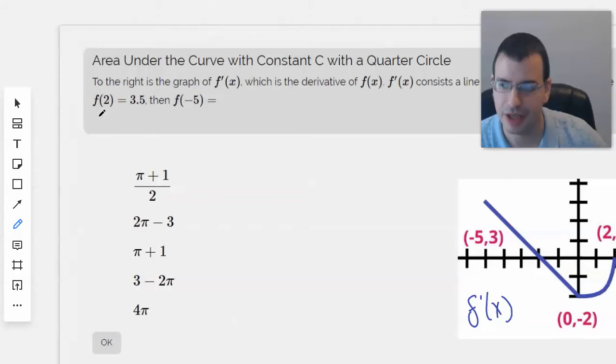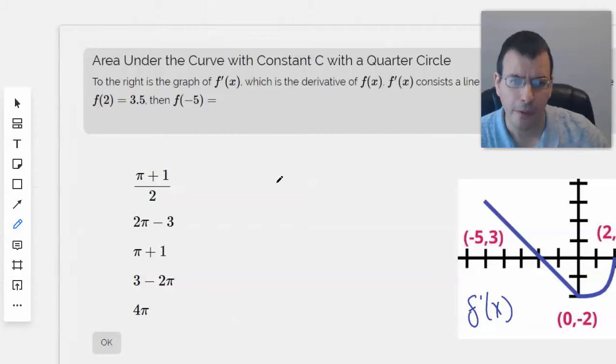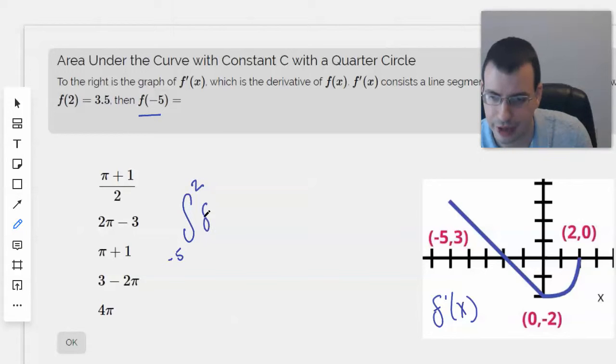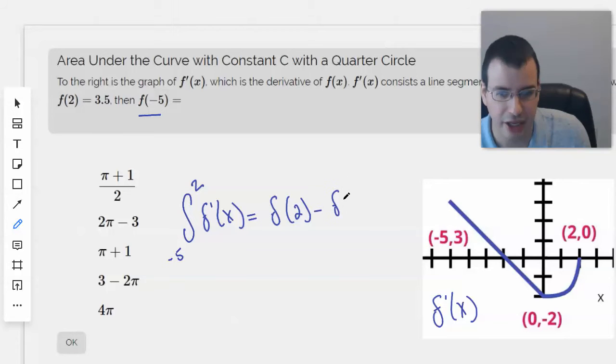So this is f prime of x, and f of x is the integral of f prime of x. We can write it out as the integral from negative 5 to 2 of f prime of x equals f of 2 minus f of negative 5.